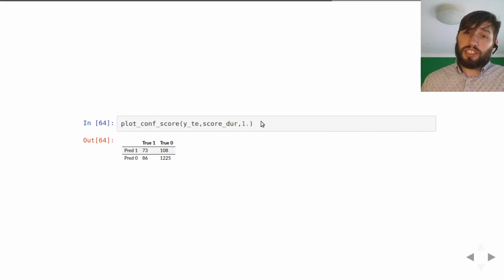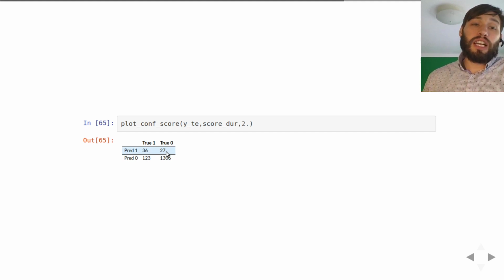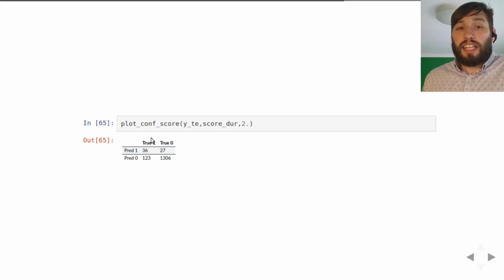And as we change this threshold, this 1 threshold, let's move it to 2. Now we're being a bit more hard-nosed about what we call a predicted 1. So our predicted 1s overall are going to decrease. And what you tend to see if you're not doing random guessing, is that your true ones, your precision, is going to get better here. So the true ones as a proportion of all the predicted ones is going to get better, right? And that's going to be our precision.